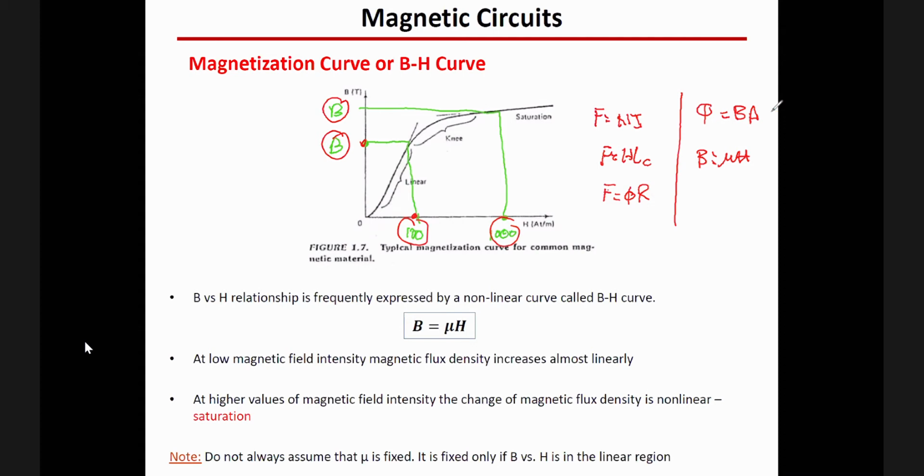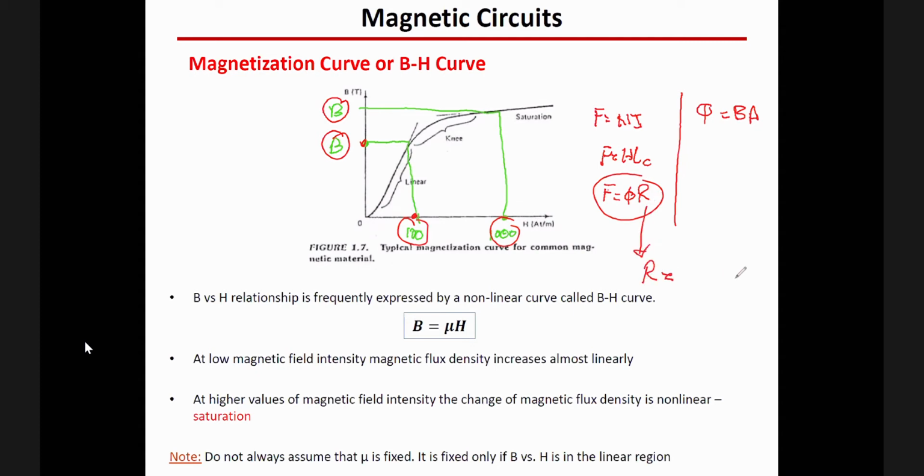Okay, so now we know that we cannot use this relation anymore. And we cannot use this relation also. Why? It's for linear. Not exactly, because this R is what?